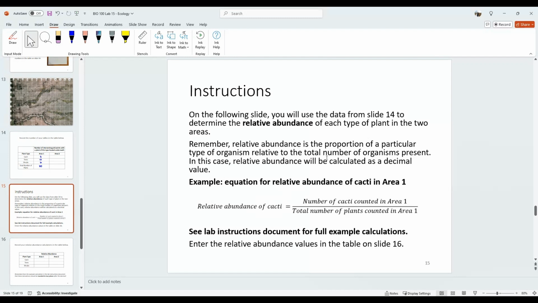Relative abundance is the proportion of a particular type of organism compared to the total number of organisms present. So if we want to calculate the relative abundance of cacti in area 1, you would take the number of cacti that you counted and divide it by the total number of plants.